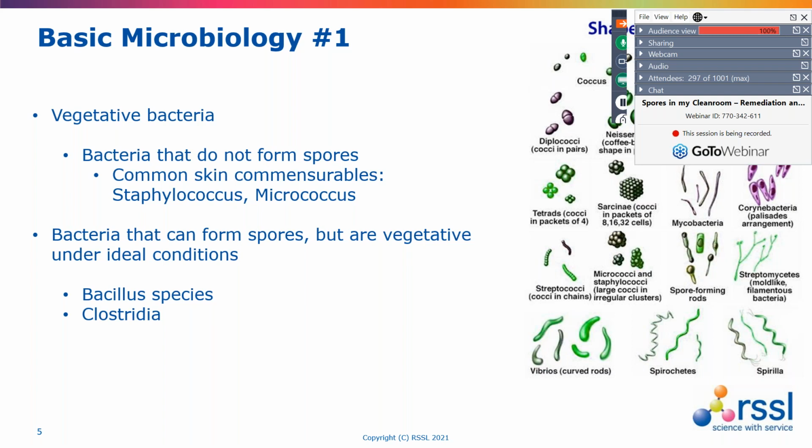They're in populations that are either static, growing, or dying. Typical examples are the organisms most commonly found on human skin, like species of Staphylococcus and Micrococcus. But there are some bacteria that can also form spores.